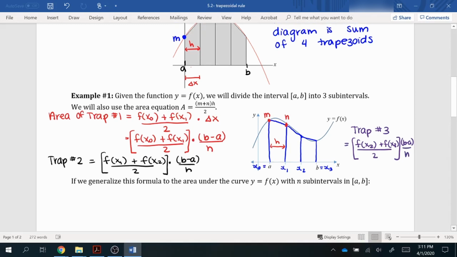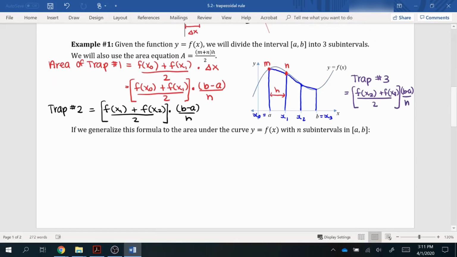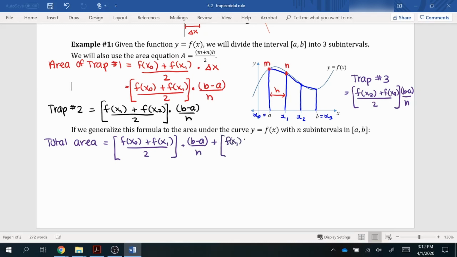So in general, our total area is going to be, if we add all these together, and notice there's a b minus a over n in all of these, f of x0 plus f of x1 all over 2 times b minus a over n plus f of x1 plus f of x2 over 2 times b minus a over n.